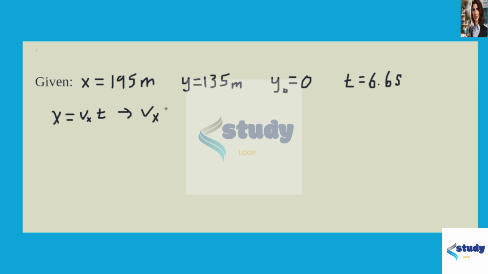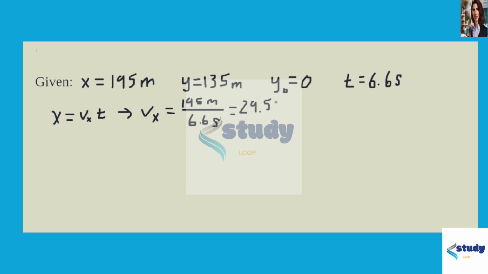That's going to be equal to x over t, which is 195 meters divided by t, which is 6.6 seconds. Plug that into your calculator, and you find that v of x is equal to 29.55 meters per second.